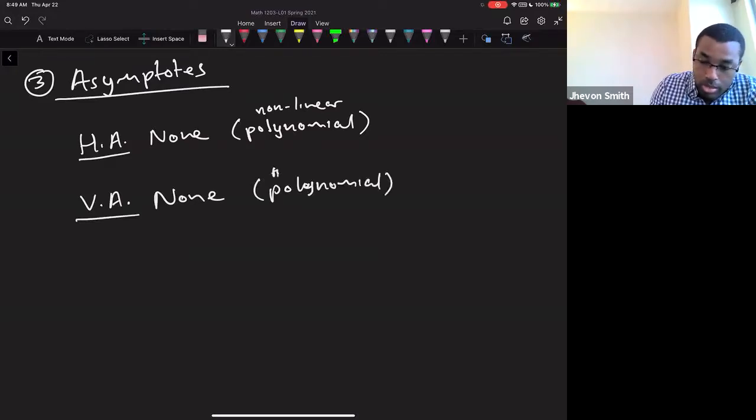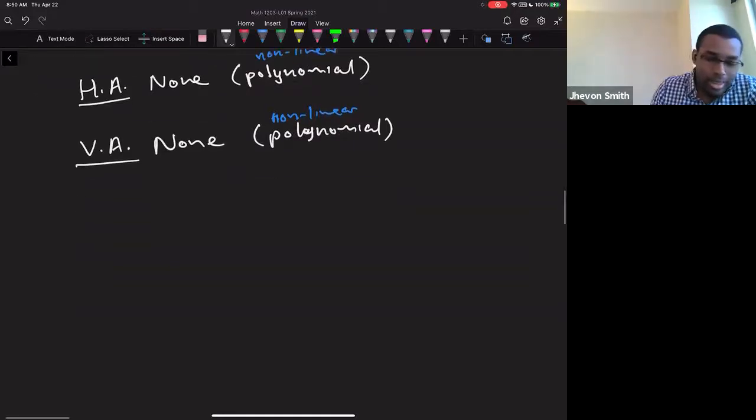You don't have to identify the nonlinear part. You just tell me it's a polynomial and I'll take your word for it. Okay, so for polynomials, the asymptotes part is easy.